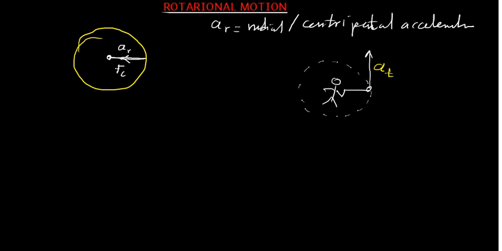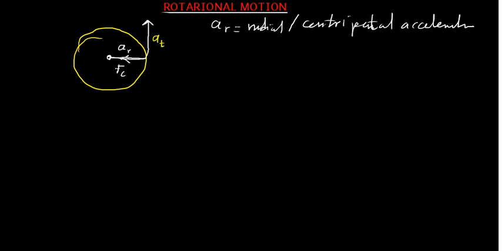Why do we call it tangential acceleration? Because it always makes a tangent to the circle. So after a break, this always moves in such a way that it makes a tangent to the circle. A tangent is a line that touches the circle at only one point. Alright. So we are saying we also have tangential acceleration there.